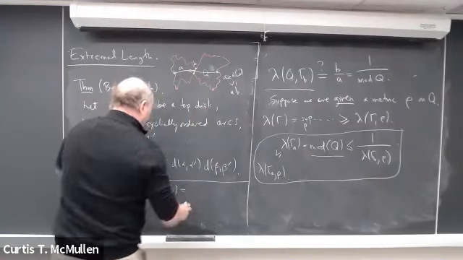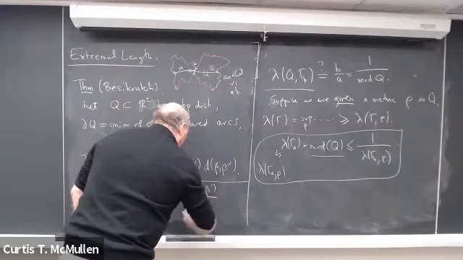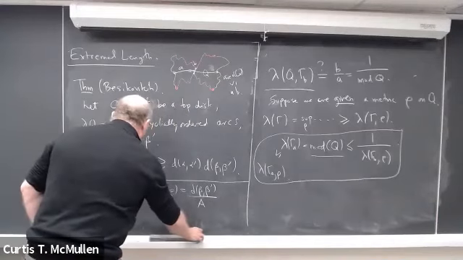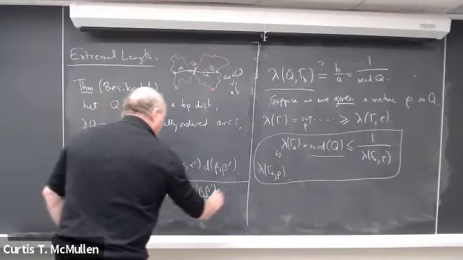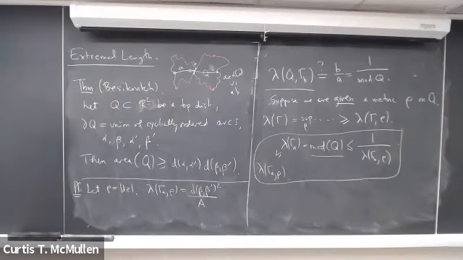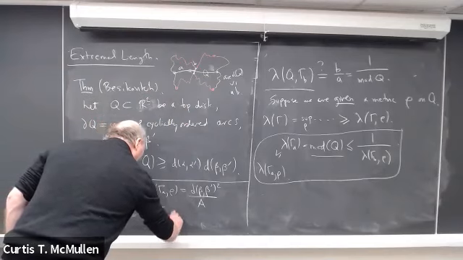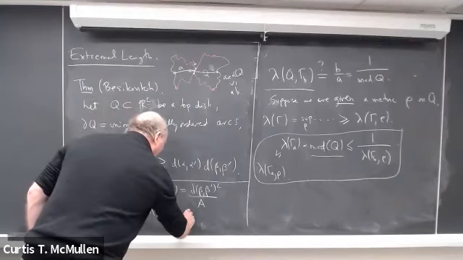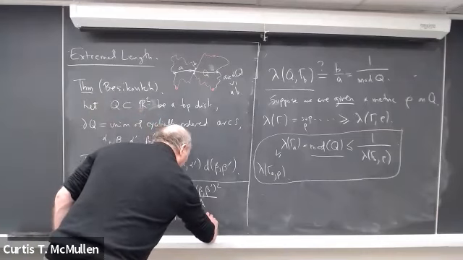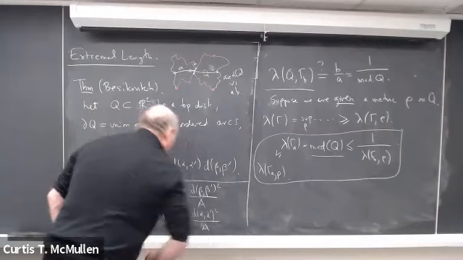This is an A curve. So it's equal to the distance from beta to beta prime squared, divided by the area of our region. And similarly, lambda of gamma B in the metric rho is less than or equal to the distance from alpha to alpha prime squared, divided by the area.